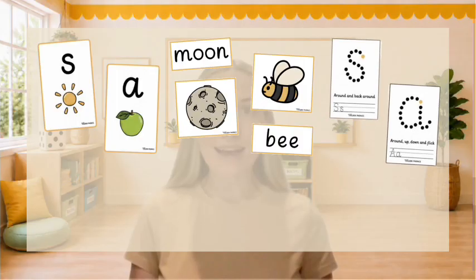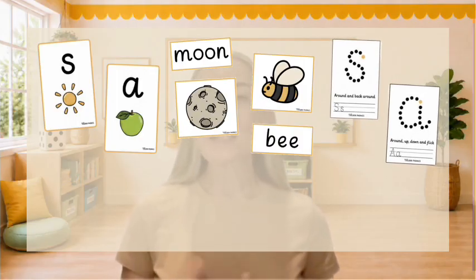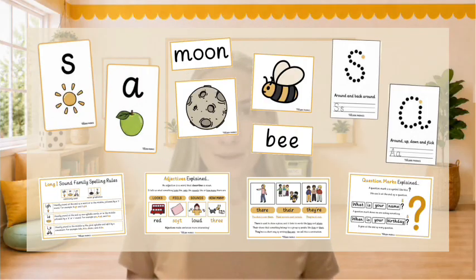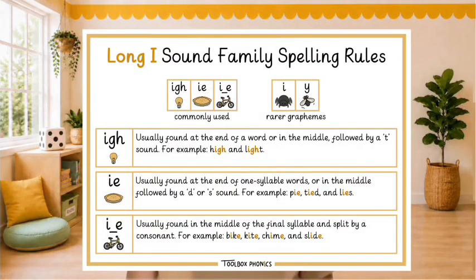Depending on the phase, this includes flashcards, picture cards, letter formation cards, songs and MP3s, spelling rule posters, and grammar posters. In fact, the spelling and grammar posters are particularly helpful for adults because they provide a quick visual reminder of the rule being taught. They're also child-friendly, so you can print them and keep them to hand for reference during the game.